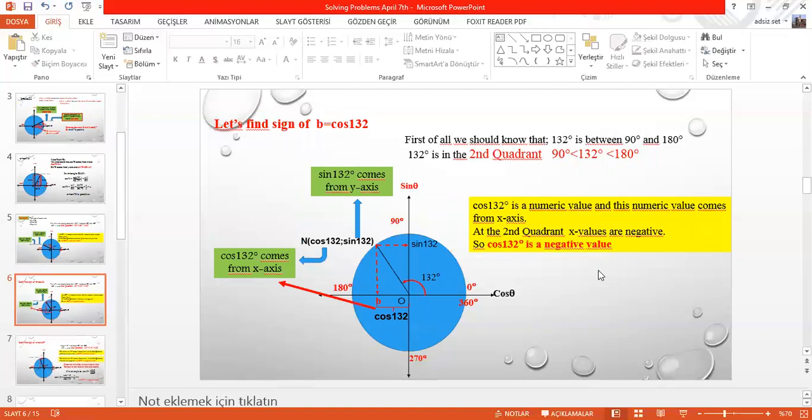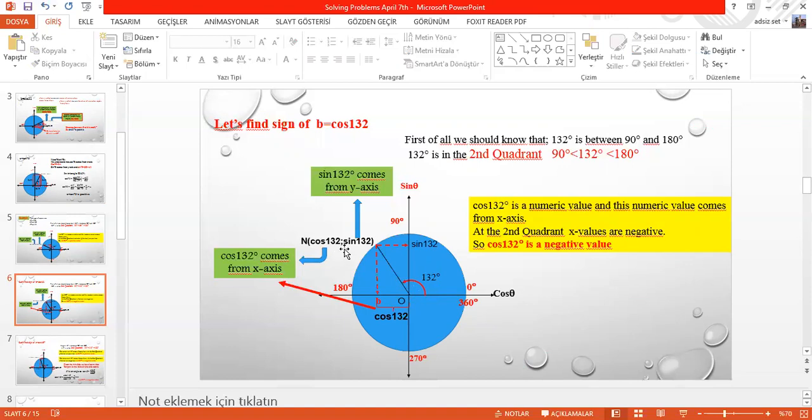B is equal to cosine 132. Again it's in the second quadrant, between 90 degrees and 180 degrees. We always said that cosine values come from the x-axis, so cosine 132 in the second quadrant is negative.